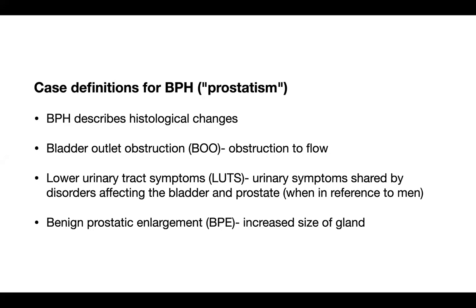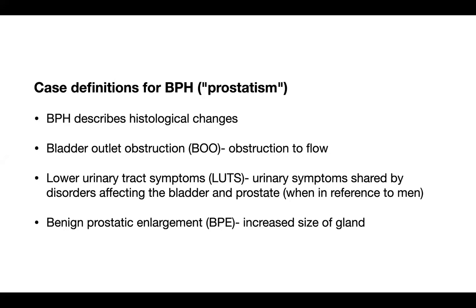It can be either the lateral lobes that are enlarged, or it can be the median lobe. For the lateral lobes to cause obstruction, they need to grow significantly in size, approximately above 50 grams, as we shall see as we continue.